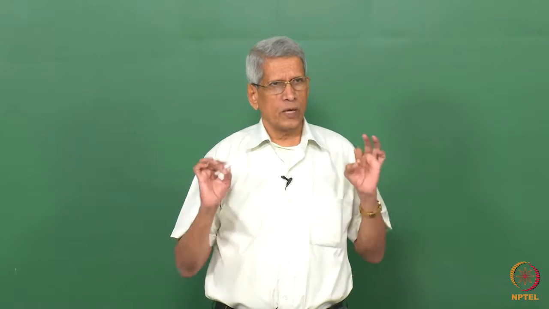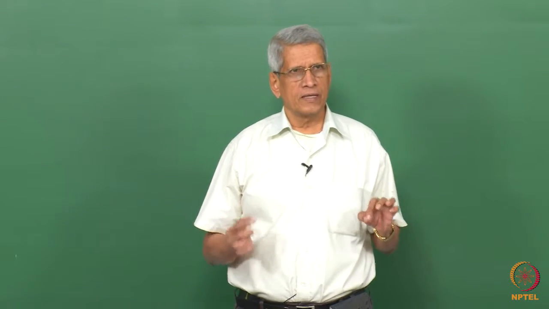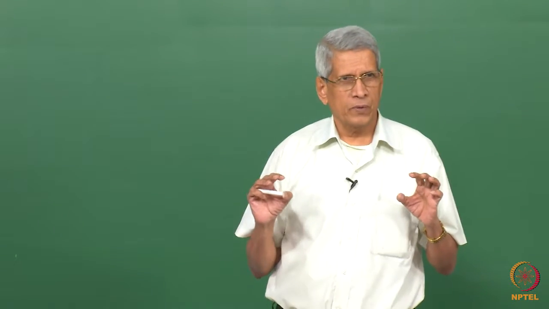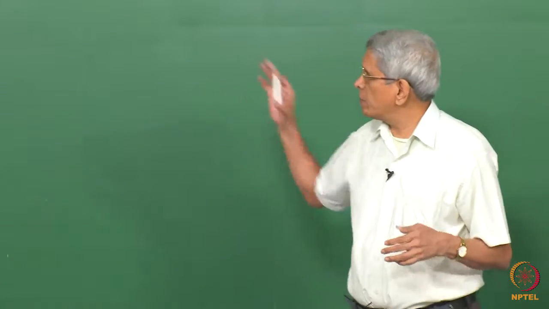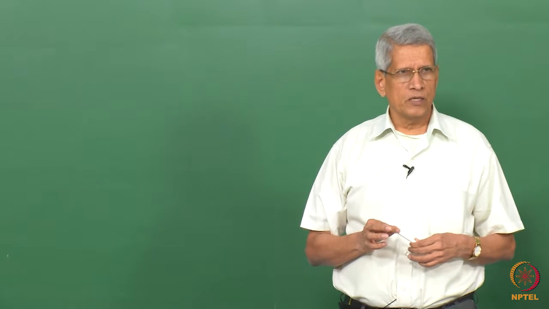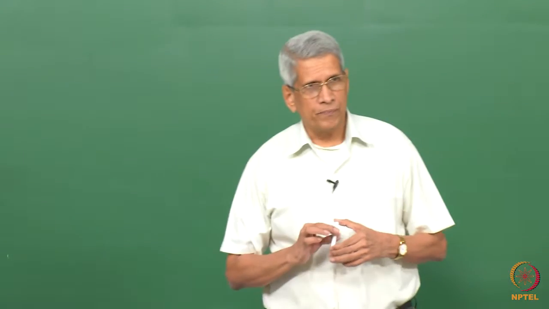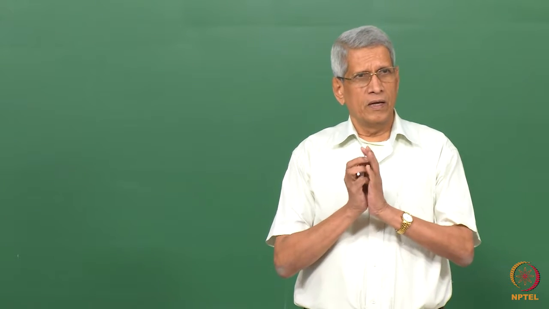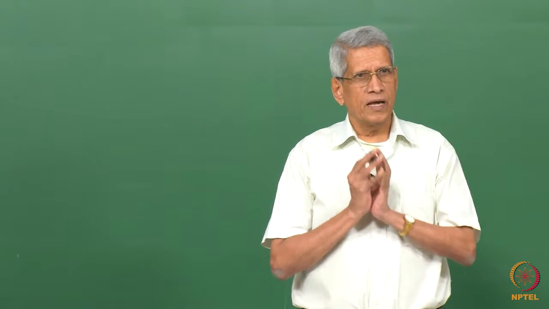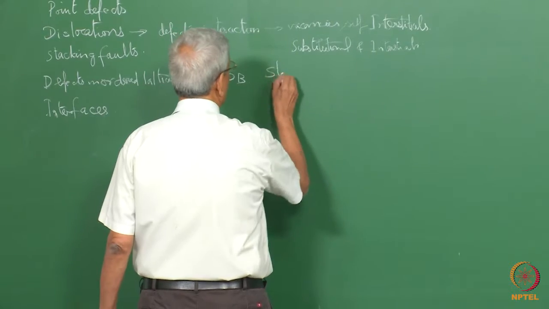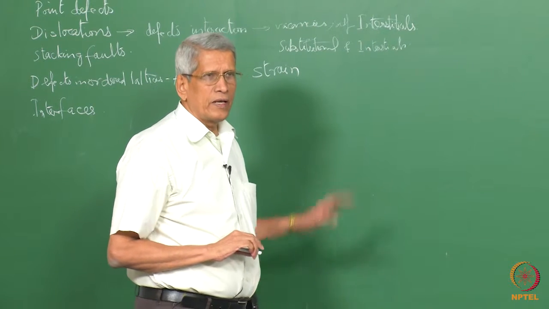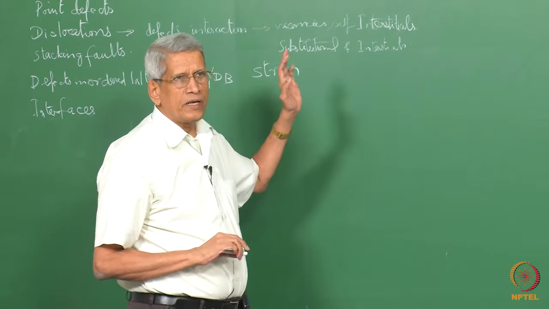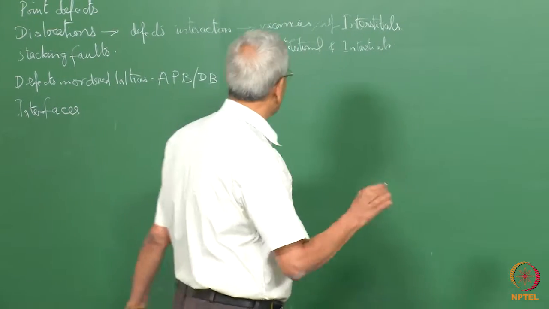But what does a point defect do? Like a vacancy, if it is present, or an interstitial, it is going to distort the lattice. Either it could be a contraction or an expansion. The same thing will happen with substitutional or interstitial impurities which are added. When they distort the lattice, essentially they generate a strain in the lattice, correct? And this strain is going to interact with the stress field due to the dislocation.